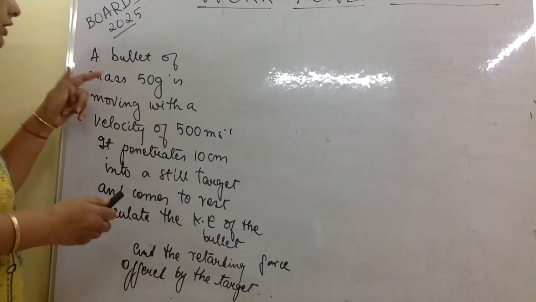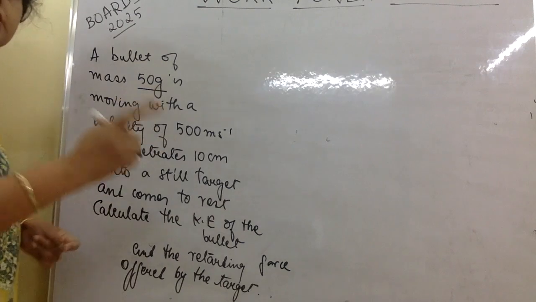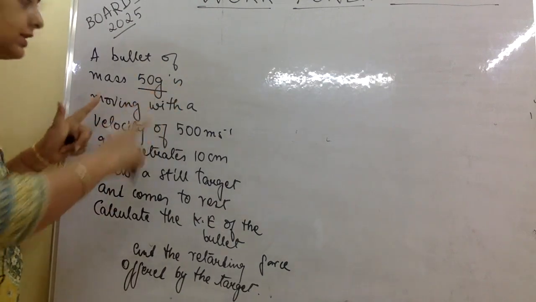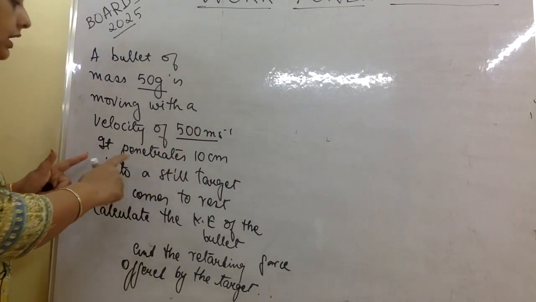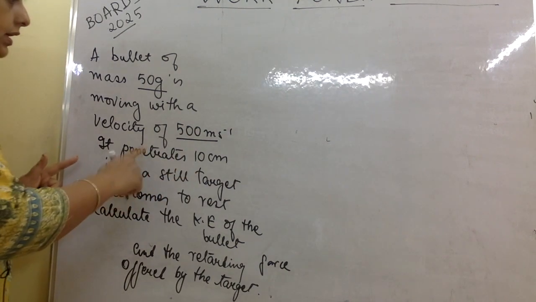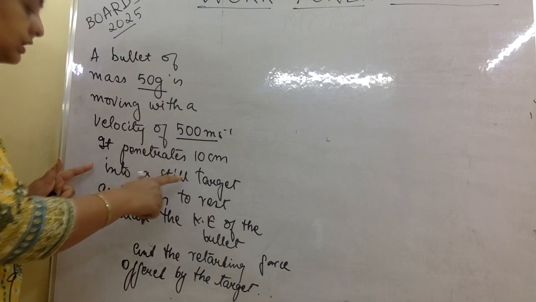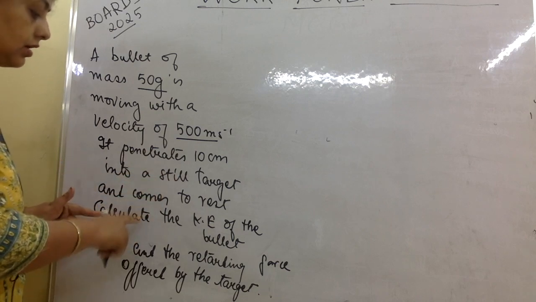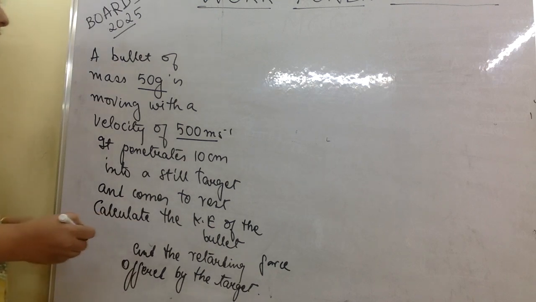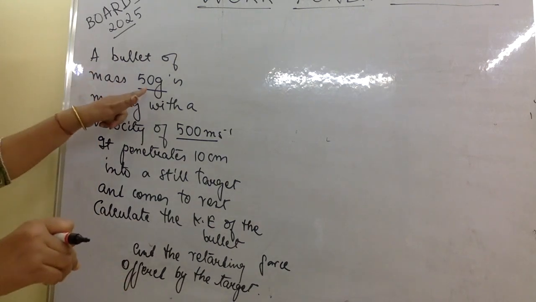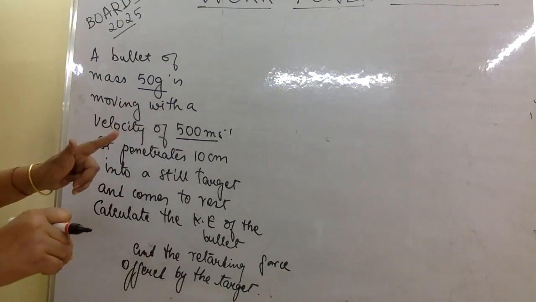Now here there's a bullet of mass 50 grams, keep watching the unit. It is not SI, it is CGS, moving with a velocity 500 meters per second. It penetrates 10 centimeters into a still target and comes to rest. Calculate the kinetic energy of the bullet. So here, the bullet has mass 50, velocity is 500, penetrates.